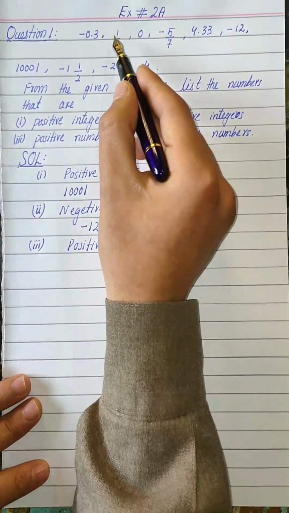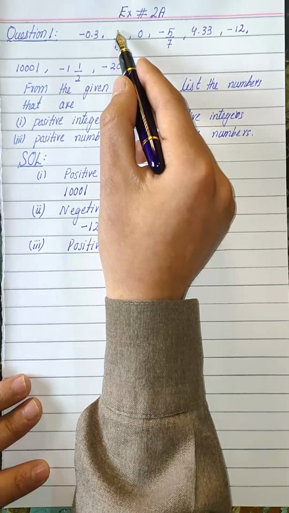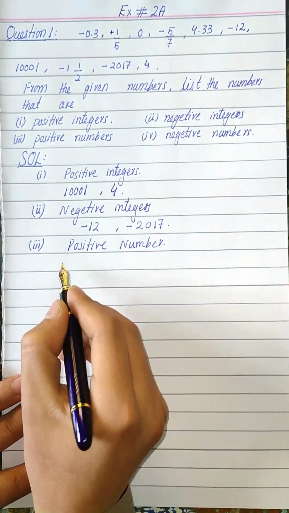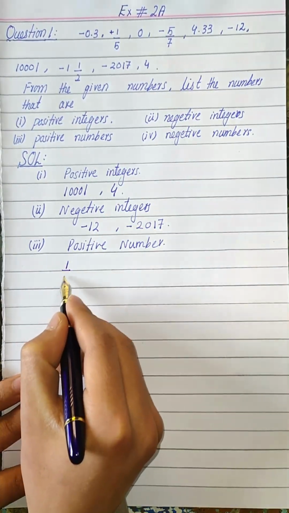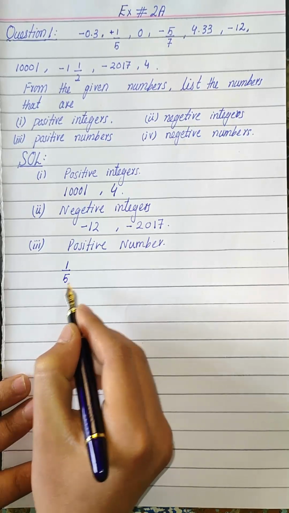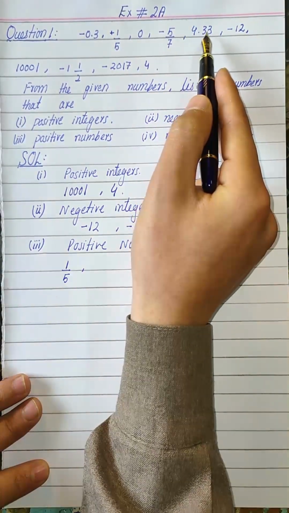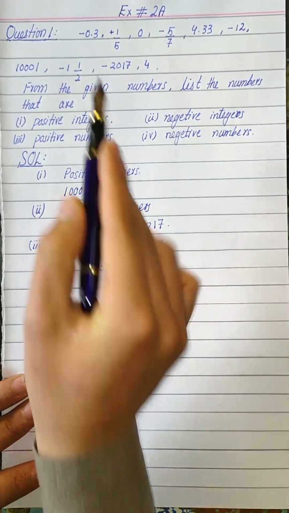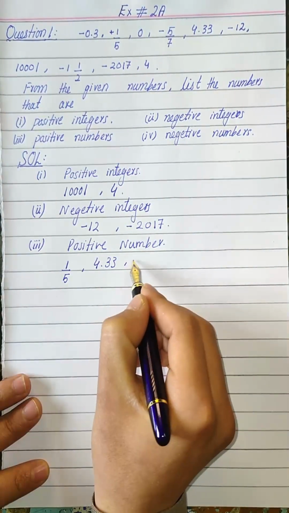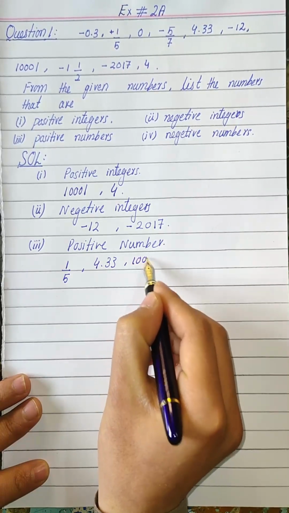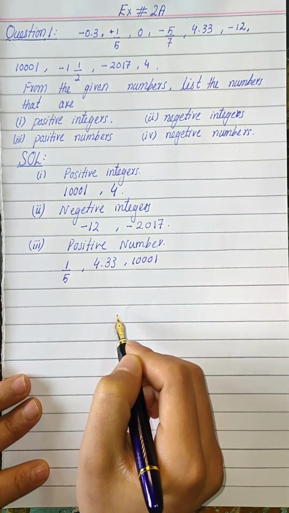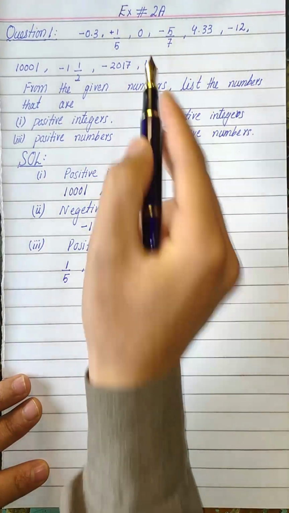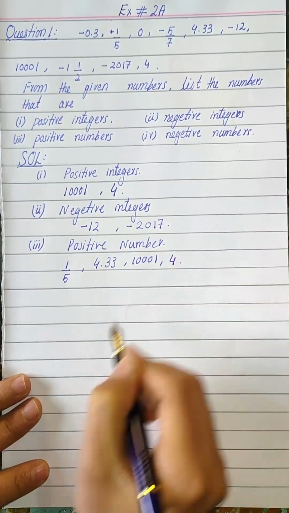So 1 over 5 is a fraction and it is positive, so it is a positive number. Then we have 4.33, which is also a positive number, and then 10,001, which is also a positive number, and then we have 4, which is also a positive number.